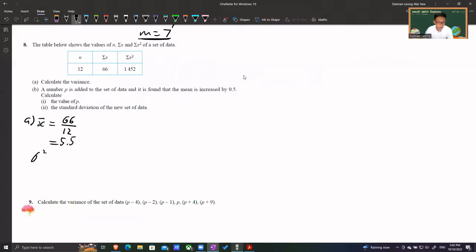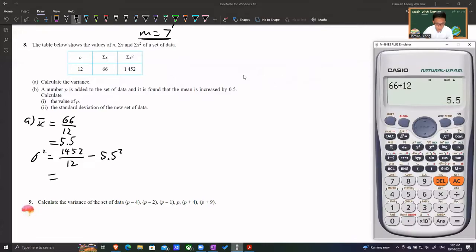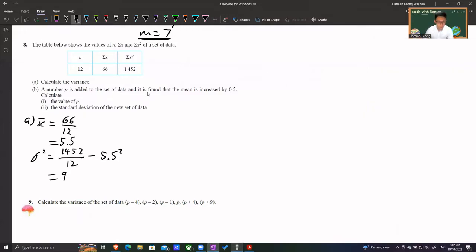So variance, sum of x squared 1452 divided by number of values, minus mean squared. So 1452 divided by 12 minus 5.5 squared, which is 90.75. That's part A.